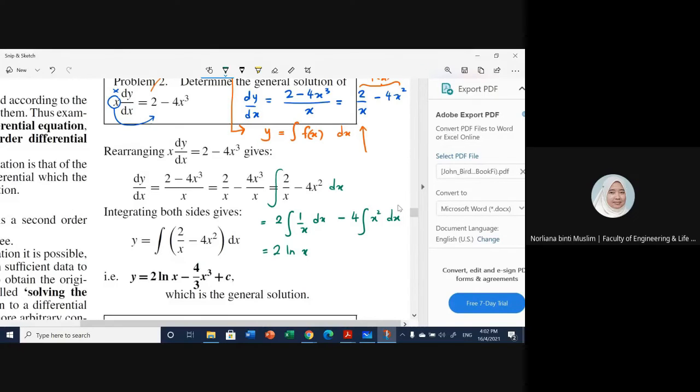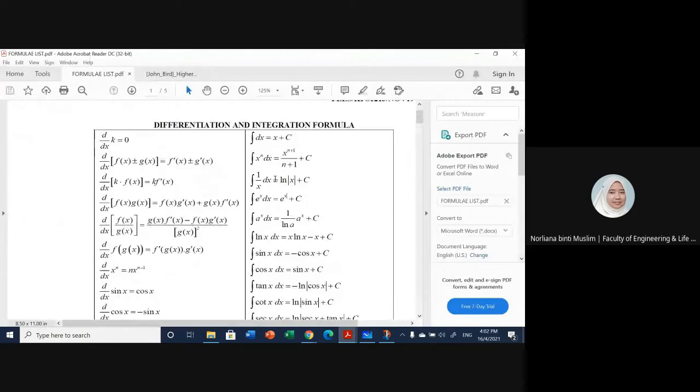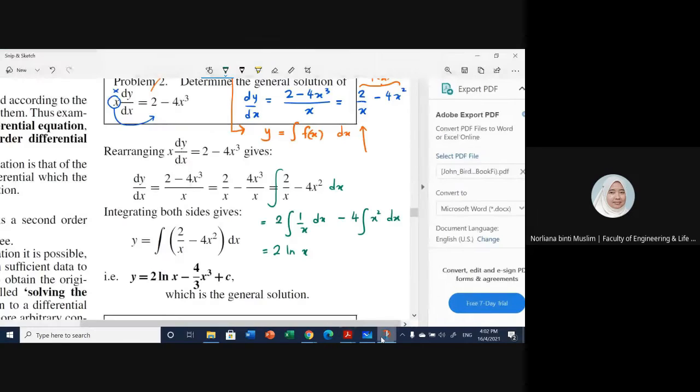This one is also direct integration; when we refer to the formula list, it goes to rule number 2. So we have 4x, power 2 plus 1 will be 3, so we have x^3 over 3, and then plus constant. So this is your general solution, y equal to this one.